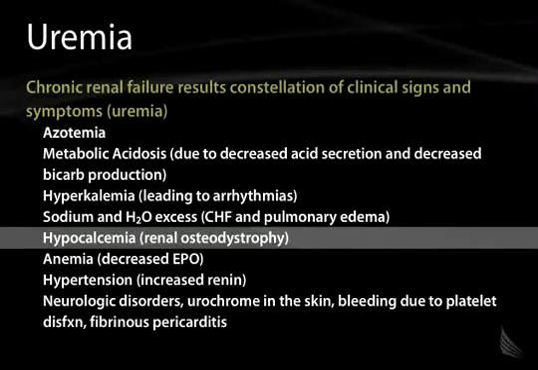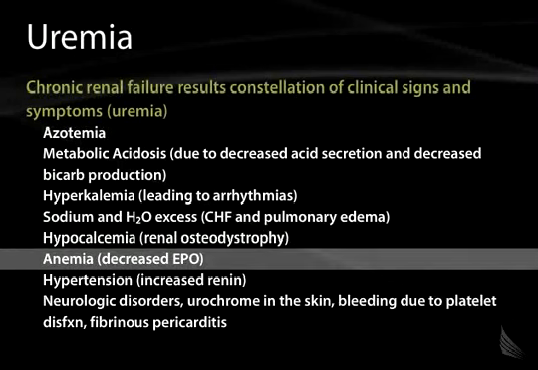You can get hypocalcemia. Remember, this is called renal osteodystrophy. Remember that the kidney is responsible for converting vitamin D from its inactive to its active form, and that can lead to hypocalcemia. You can get anemia because the kidneys produce erythropoietin. When you get kidney failure, you get decreased production of erythropoietin, and that causes decreased stimulation of the bone marrow to produce red blood cells.